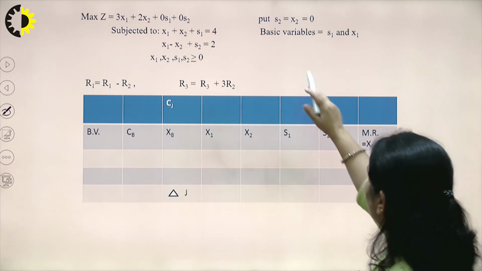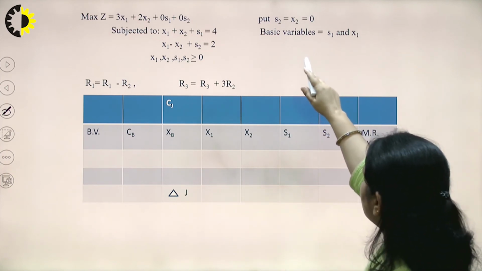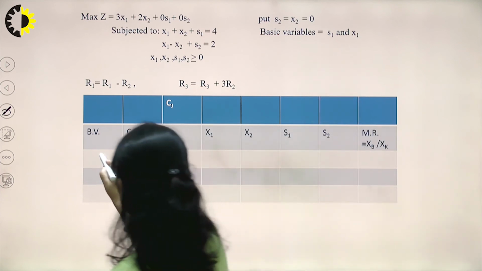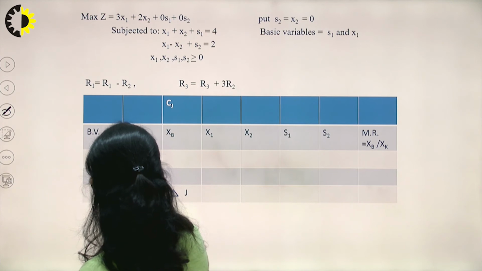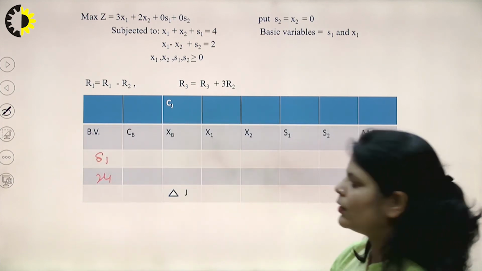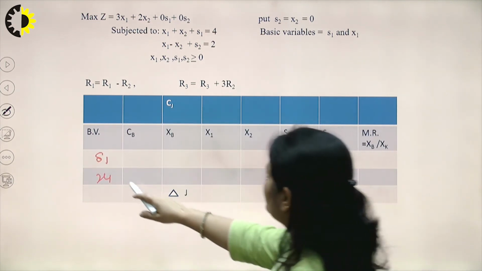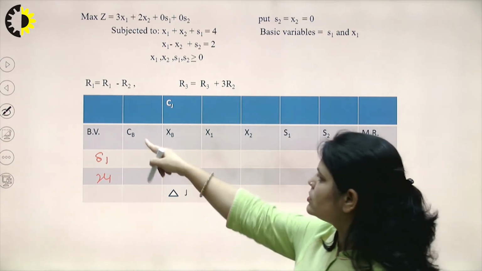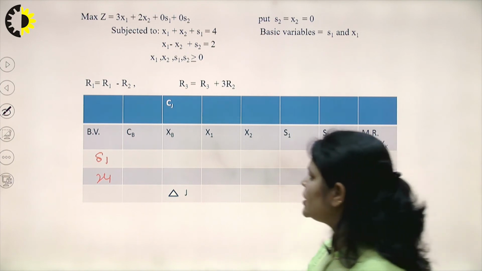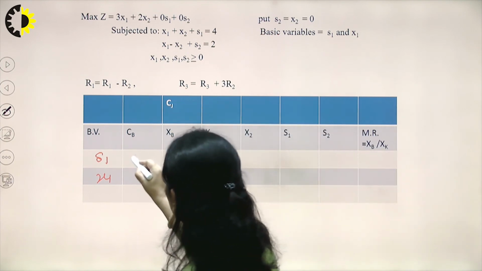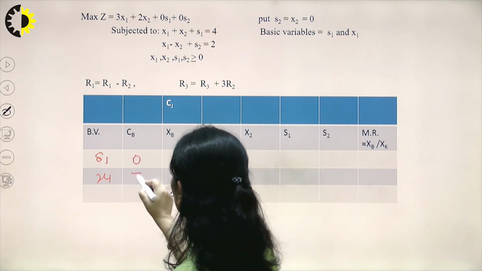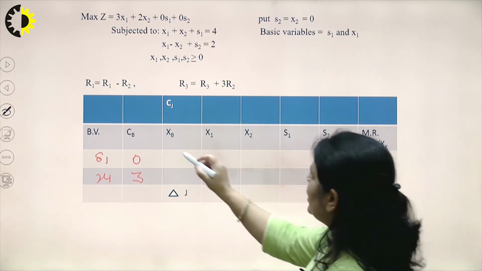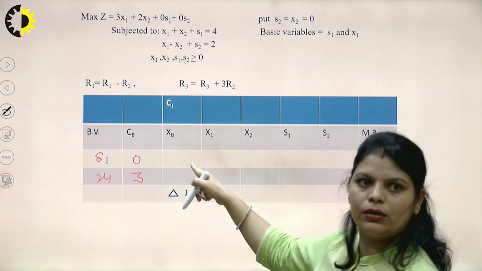As I had discussed earlier also, here the basic variables will become S1 and X1. Clear? Now we will fill the table in the same manner. The value of CB, meaning coefficient of basic variable, will become 0 and it will become 3 in the objective function. Clear? And then we have the values of the basic variables.